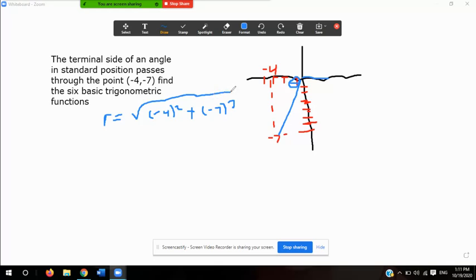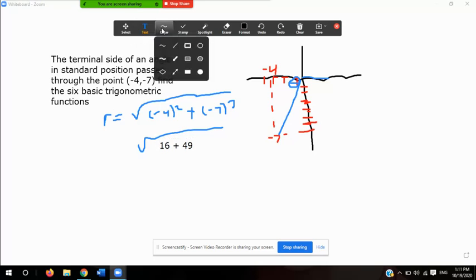And this is going to be the square root of 16 plus 49, and that's going to be the square root of 65.